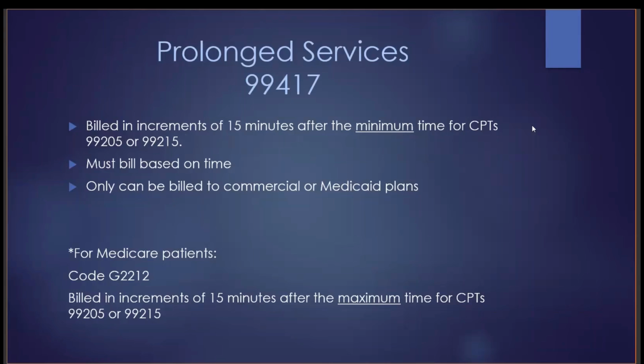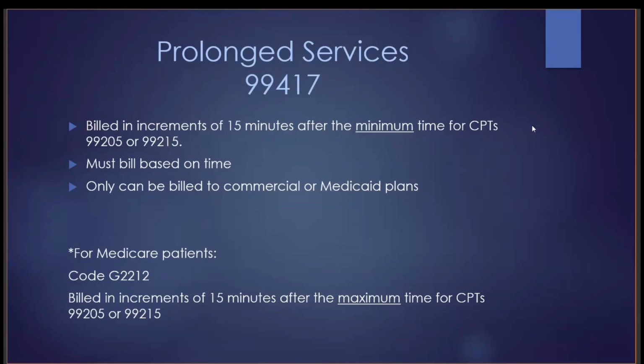For Medicare patients, which I know is not something you see too often in pediatrics, but there are a few, it is off of the maximum time for your new or established level 5 patients, and the code is a little bit different. It's G2212. If you're using the level of service calculator that's built into Epic, it should drop these codes for you when you enter your total time for the date.